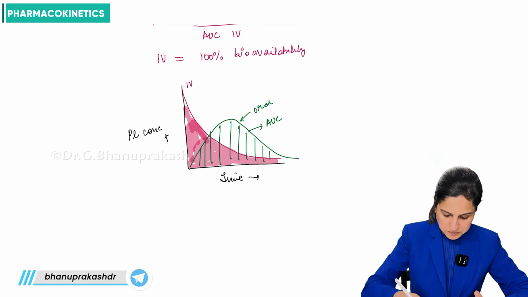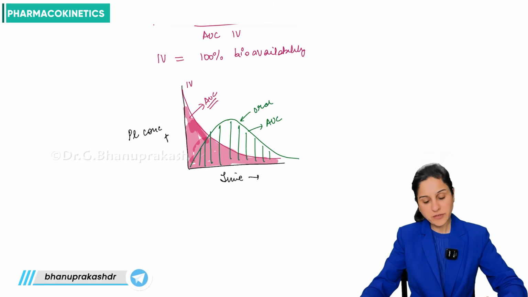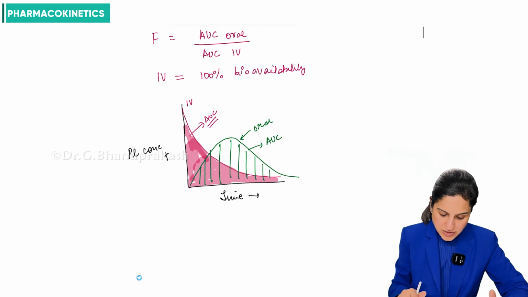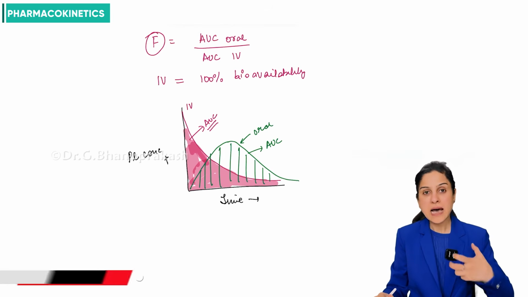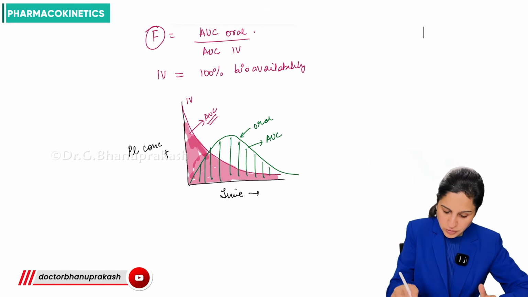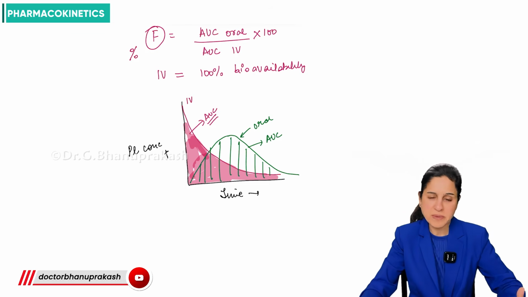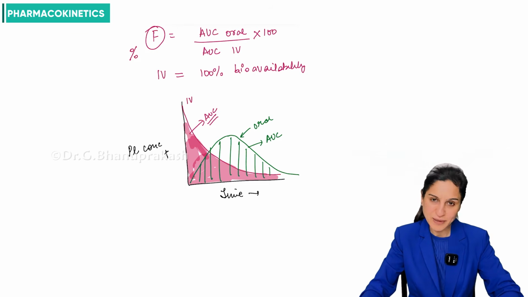So, you calculate the area under curve for the IV route and then you just divide oral over IV and that is how you get the fraction. And if you want to get the answer in percentage, simply multiply by 100. So, the answer would now be in percentage. That means 40% bioavailability, 50%, and so on and so forth. So, that is how you calculate the bioavailability.